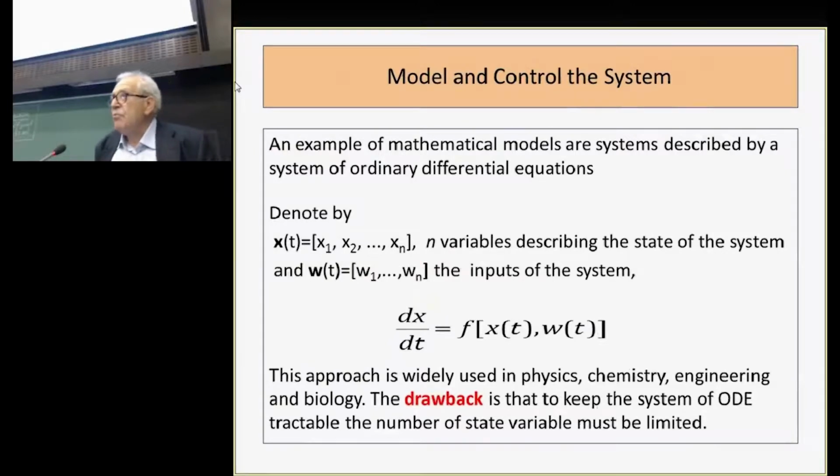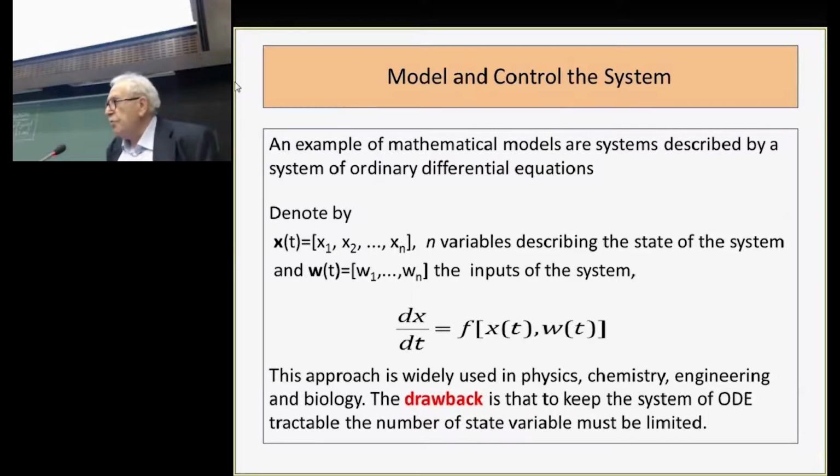Okay, an example of mathematical models, not a simple one. So you have a set of parameters, which are the variables which describe the system, a set of inputs, a series of functions describing the inputs, and then you have a system of differential equations which describe it.